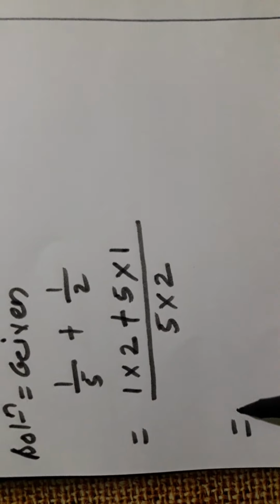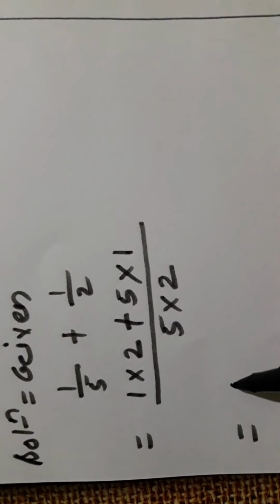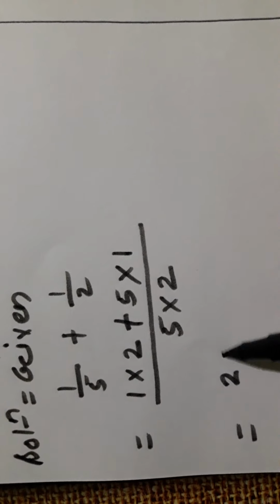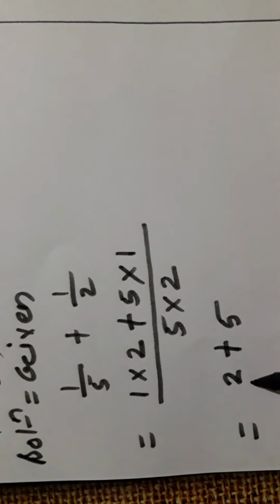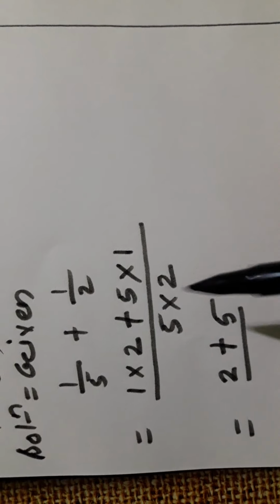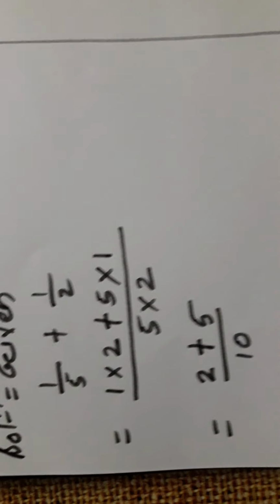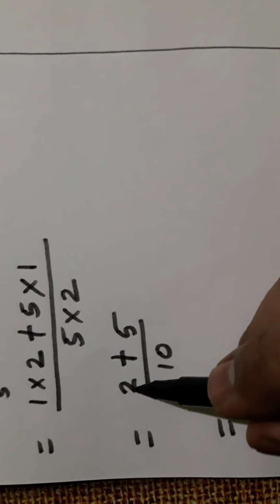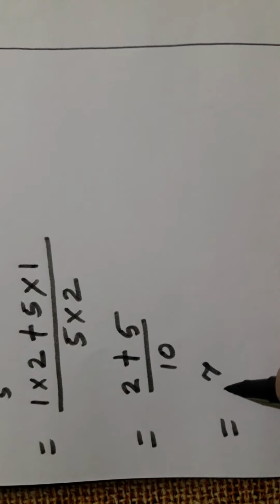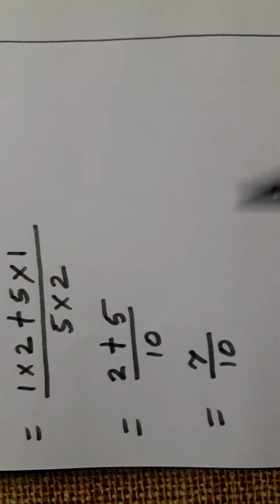Now solve this. 1 into 2, 2, plus 5 into 1, 5, divided by 5 into 2, 10. That is equal to 2 plus 5, 7, divided by 10.